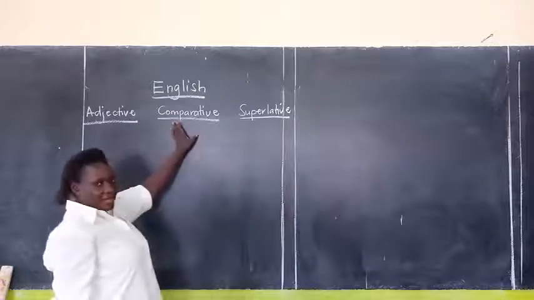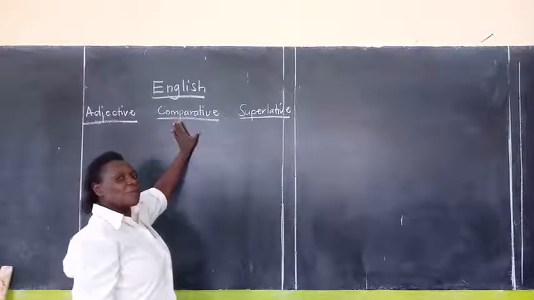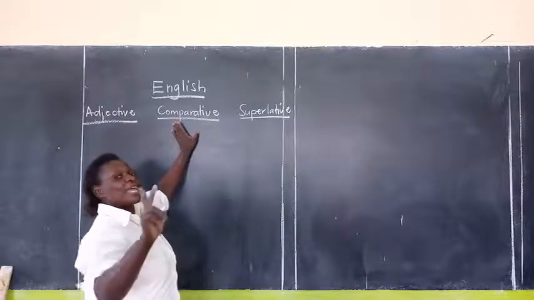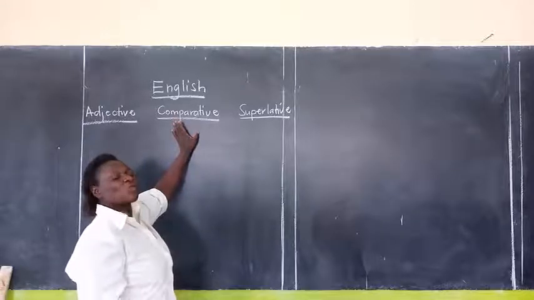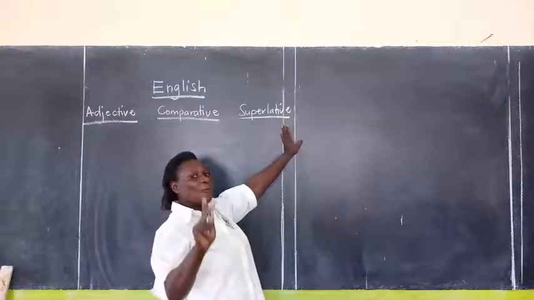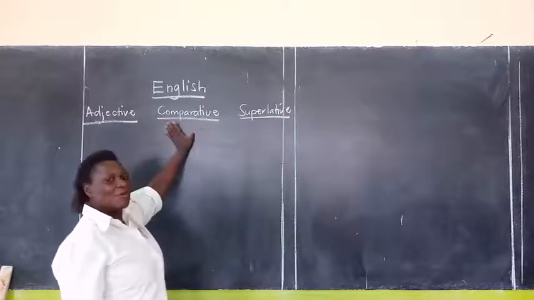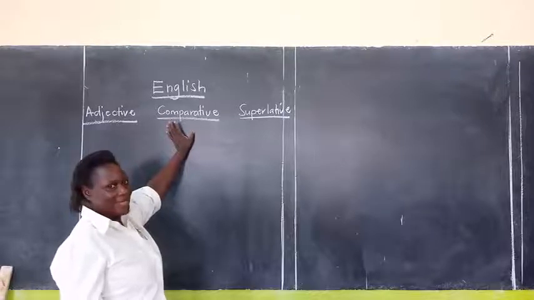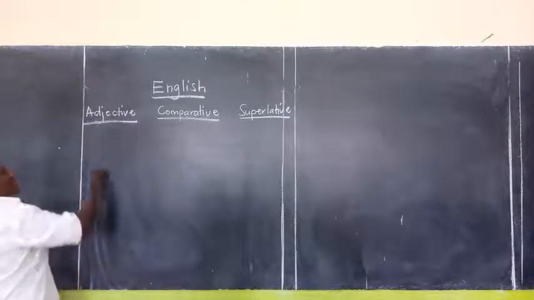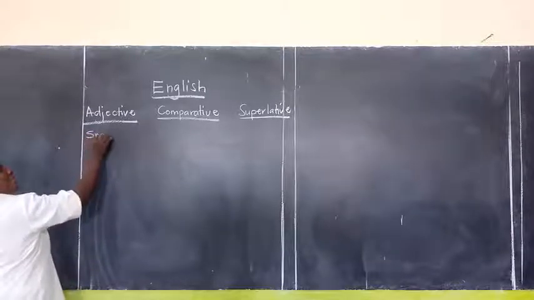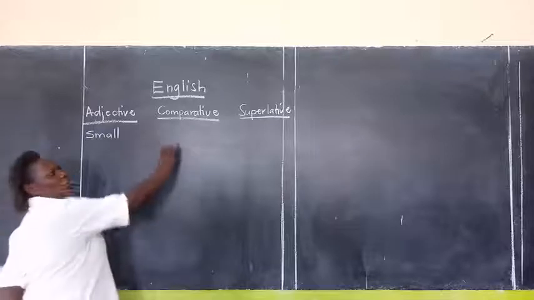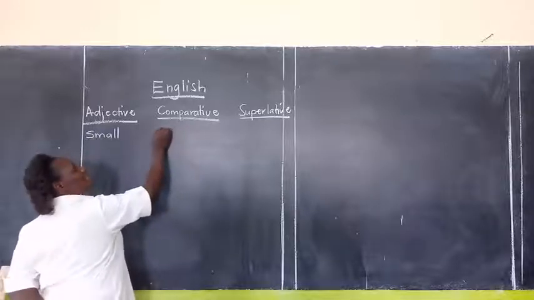When we talk of the comparative, the word comes from the word compare. You compare the two. When it comes to comparing the three, that's when you talk of the superlative. But when you are comparing the two, that is the comparative. I think we are together. Then with the adjective small, what about when you are comparing the two? We say smaller.